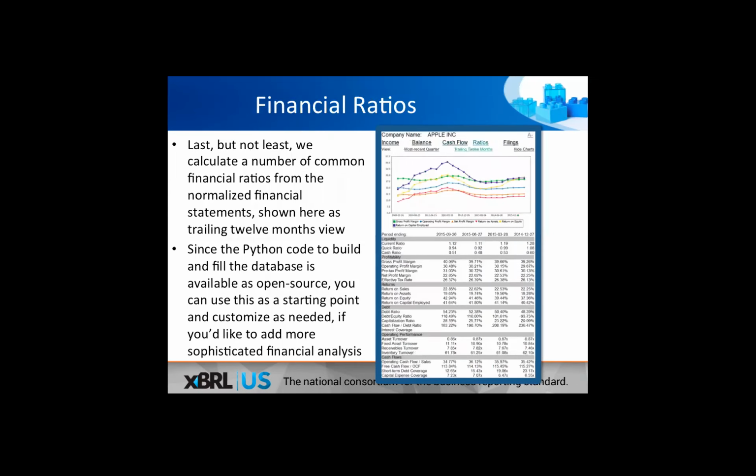And then finally, we're calculating a set of common financial ratios that are usually interesting for investors to look at. We can look at them either based on the most recent quarter, or for trailing 12 months. In this particular case, we're plotting gross profit margin and various other ratios on the chart, and then giving you a table underneath of all these other common ratios being calculated.